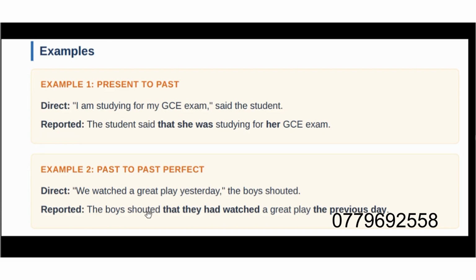Now we're remaining with this. So the boys shouted. Then we add what? We add the word that. Remember, that is always included as you are writing a reported speech. So the boys shouted that they. What did they shout? The original "we" becomes what?